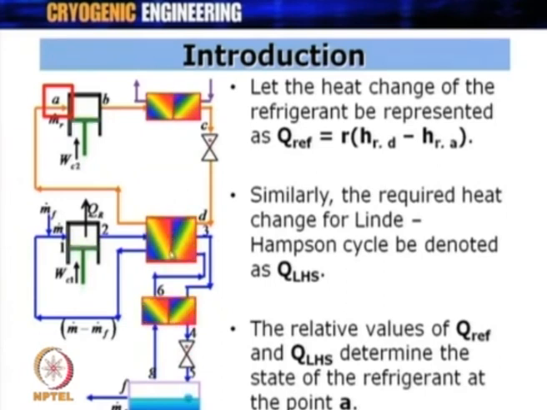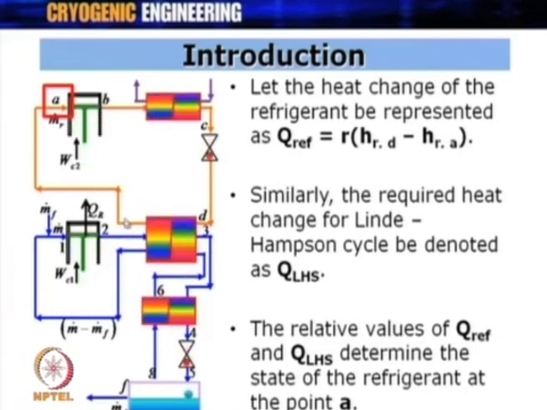Now, we want, for an optimized design of the pre-cooled Linde-Hampson system, a QLHS, while the pre-cooled circuit offers you QREF. Depending on the magnitude of QREF and the requirement of QLHS, this will decide what is the state of the fluid when it leaves this 3 fluid heat exchanger.